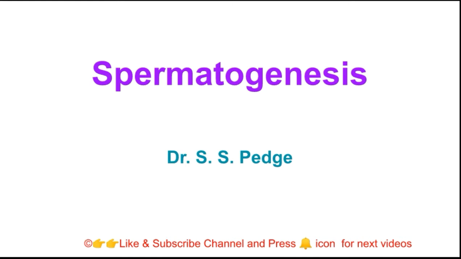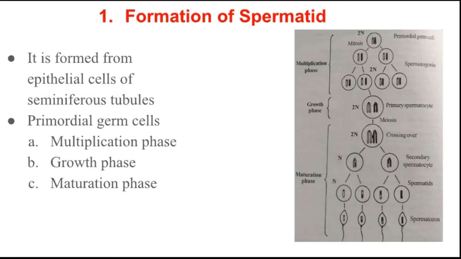Today we will focus on the detailed process of spermatogenesis, so let's get started. First of all, the first process in spermatogenesis is the formation of spermatid.